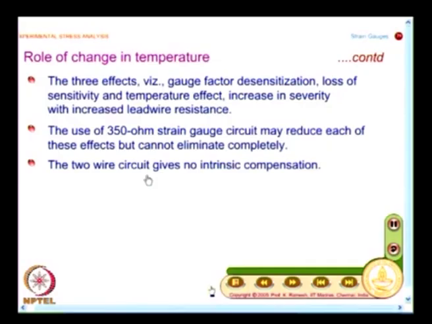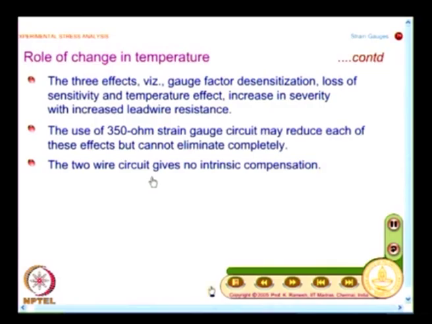And what you find finally is that 2 wire circuit gives no intrinsic compensation. So, before we find out a remedy, we should understand what is the problem. Now, we have understood reasonably well what is the problem caused by a 2 wire circuit.